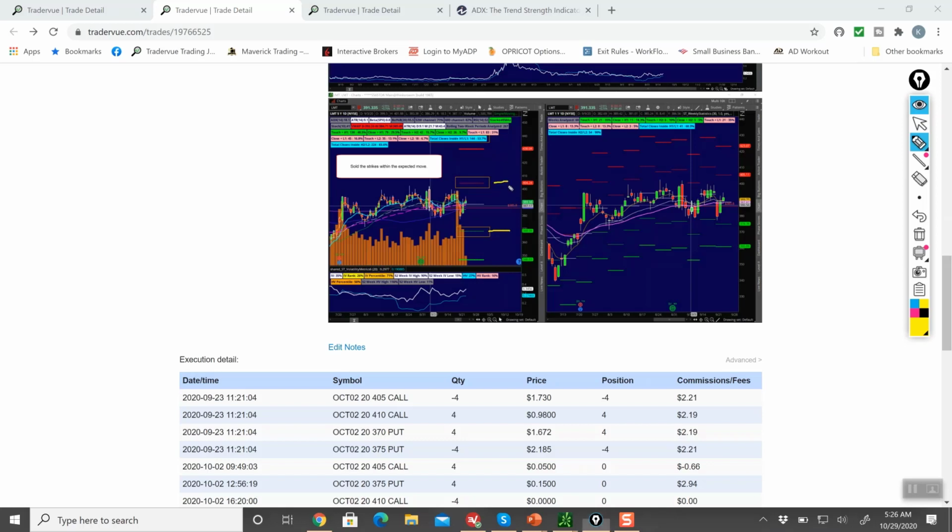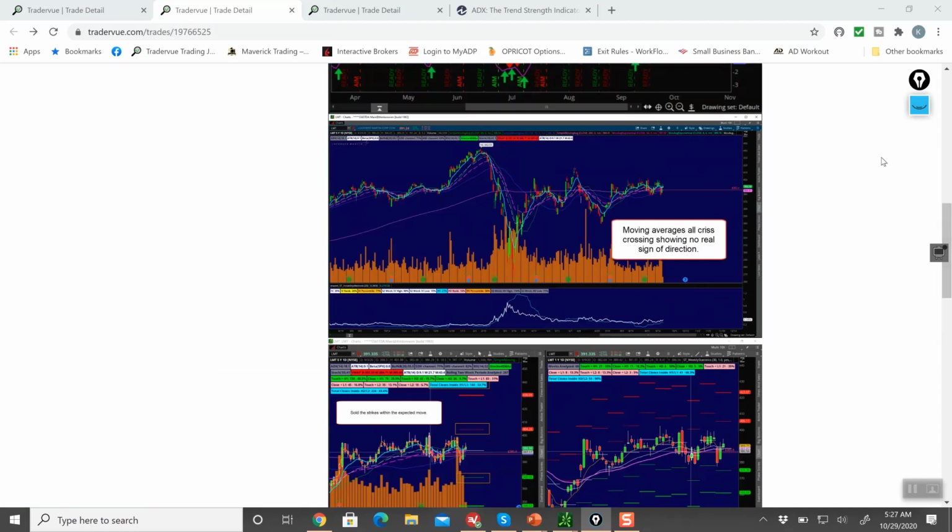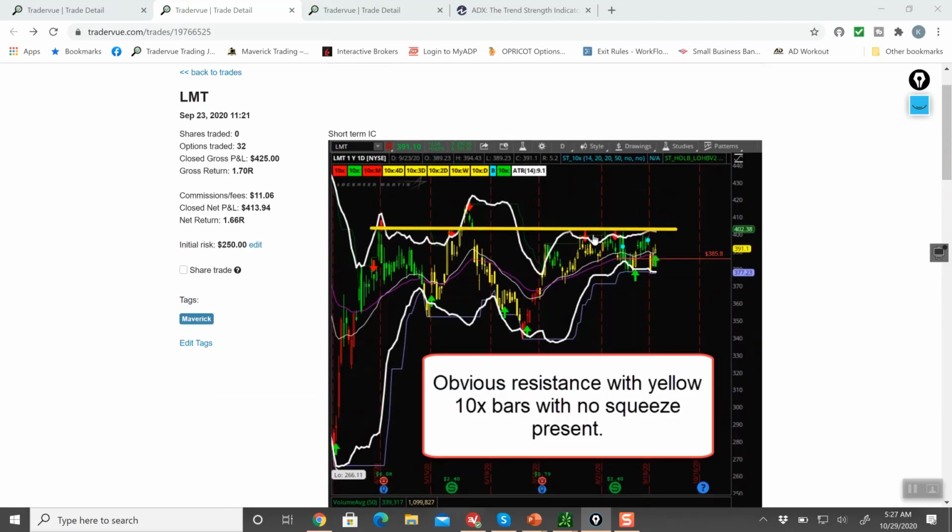I sell right outside those levels because it's telling me, for one, there's no direction because I have the yellow 10x bars. Statistically, over 5 years, it doesn't close outside of this 54% of the time. And there's also not a squeeze present, so a big move, or an outside unexpected move, shouldn't happen. And also, there is resistance overhead, like I have right here.